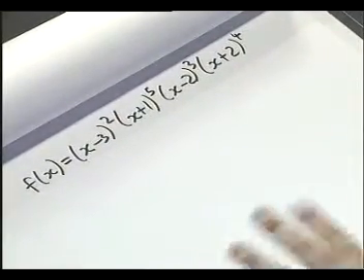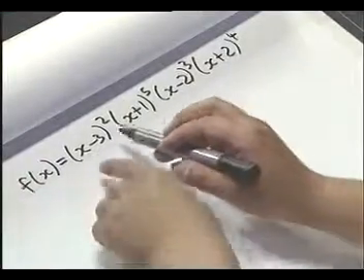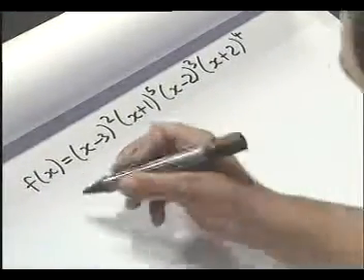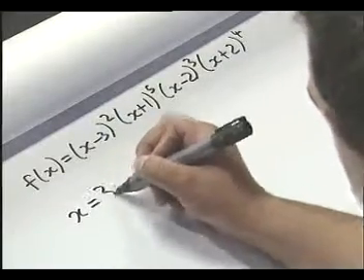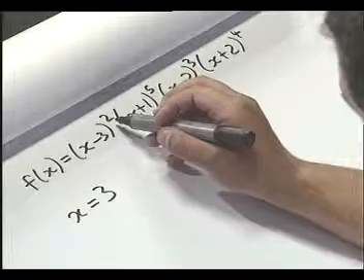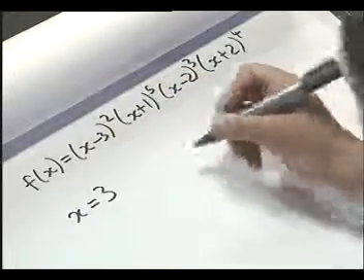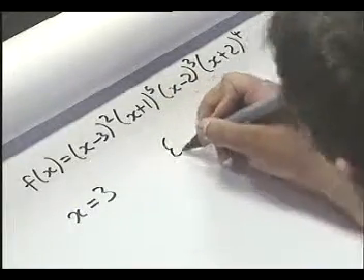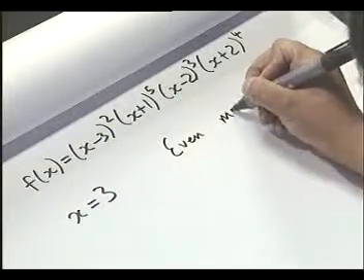Now, at first sight, this might look very complicated, but in fact, we can identify the 4 roots straight away. The first one, x equals 3, will make this bracket equal to 0. So that's our first root, x equals 3. And we can see straight away there are 2 repeated roots there, which means that this has an even multiplicity.